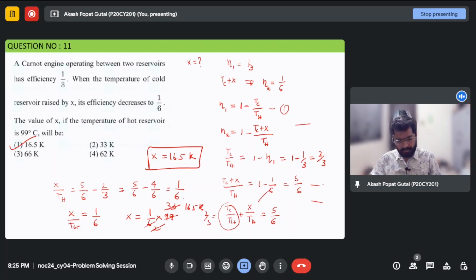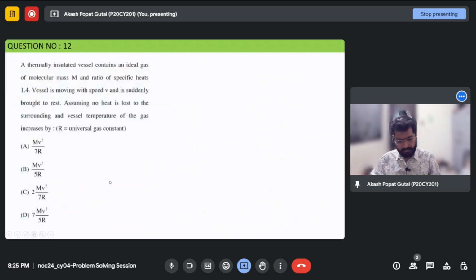So the next question is: a thermally insulated vessel contains an ideal gas of molecular mass M, and the ratio of specific heats is 1.4. The vessel is moving with speed v and is suddenly brought to rest.